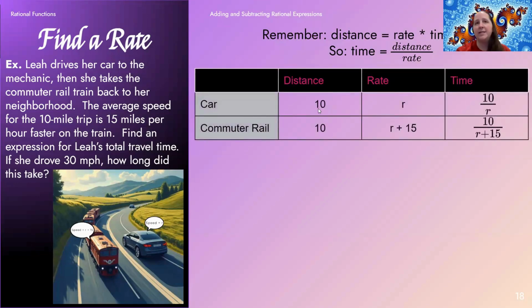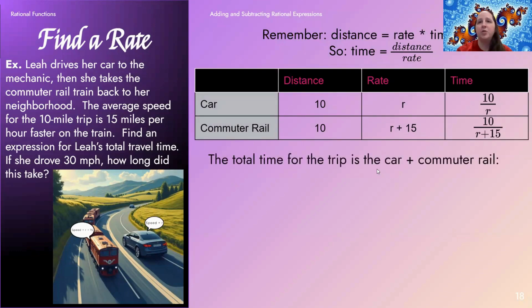I can then create a table. My car travels a total of 10 miles. I don't know the speed at which my car is driving, and I don't know my time. So 10 divided by R. My commuter rail, or the train, is still traveling 10 miles. It's traveling 15 miles per hour faster than the car is, so R plus 15. So I get 10 divided by R plus 15.